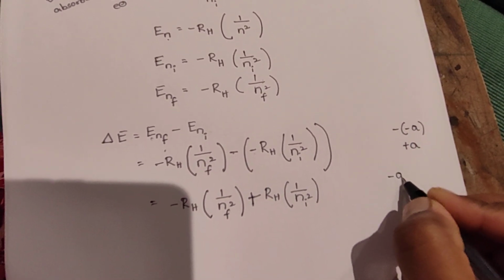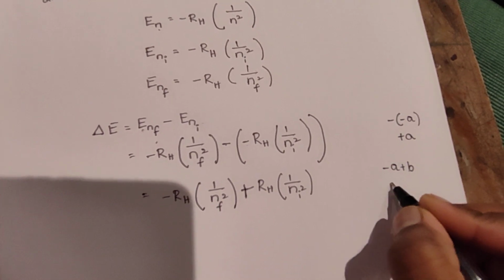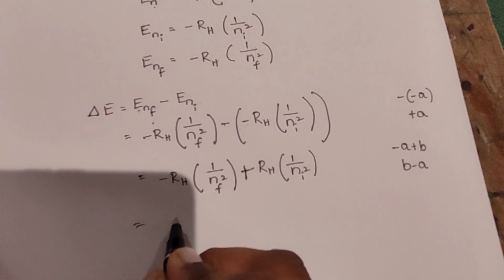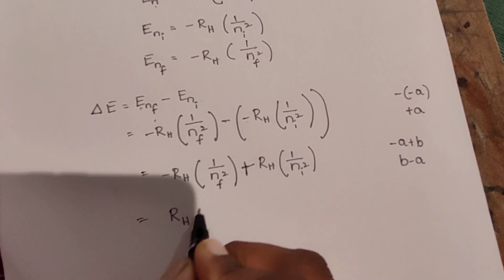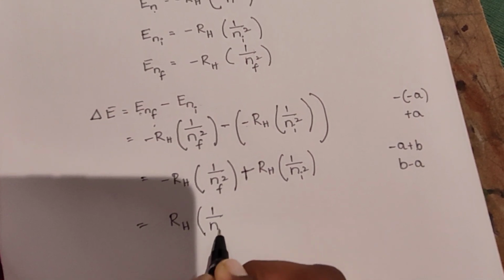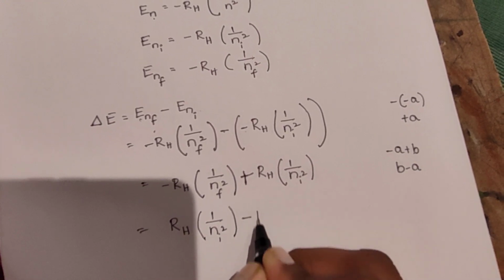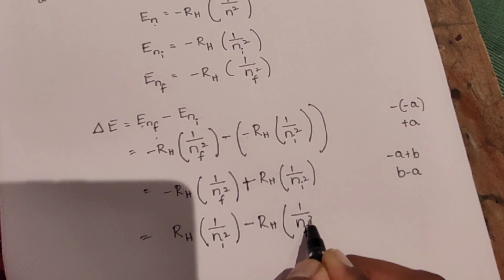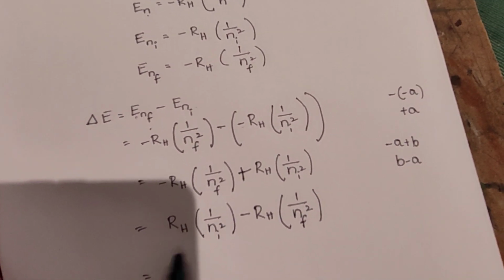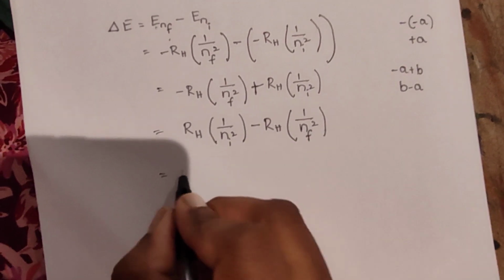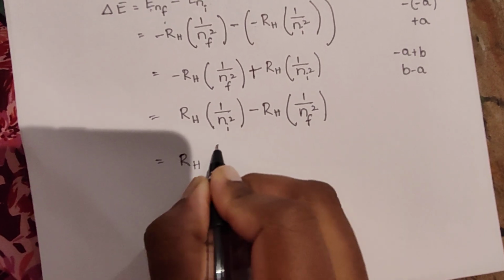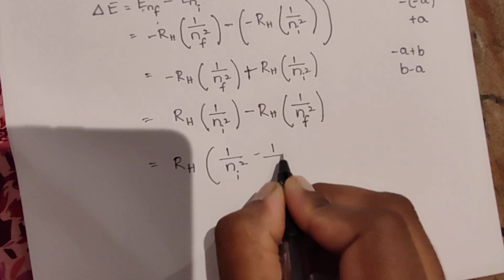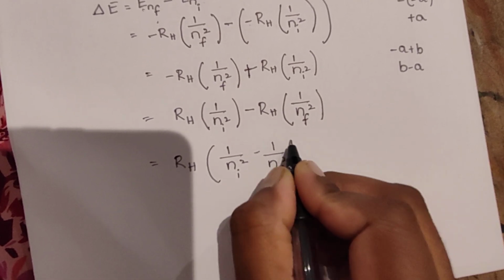If we write minus A plus B, it is also equal to B minus A. Similarly, here we write it as RH into 1 by Ni square minus RH into 1 by Nf square. Taking RH as common, RH into 1 by Ni square minus 1 by Nf square.